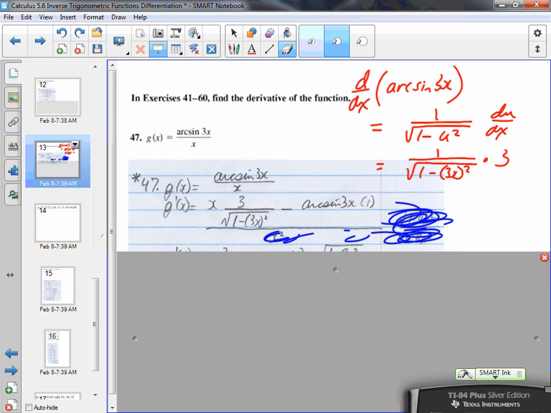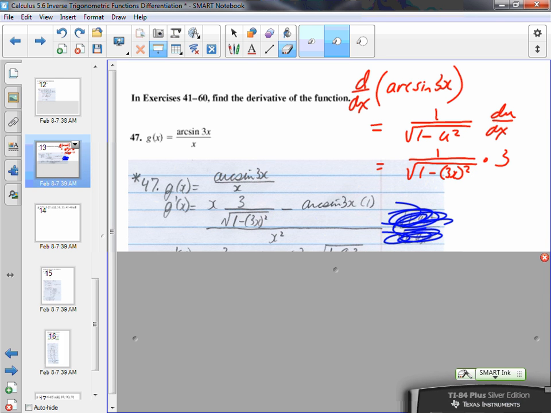All that over the bottom squared. And we have done the calculus. Whatever else we do will be algebra. Okay? All right, you with me?